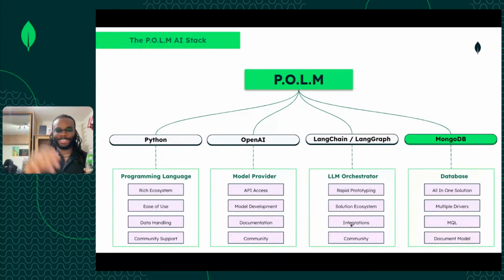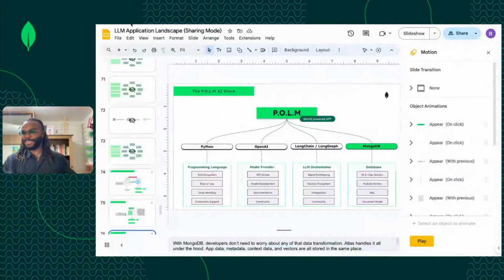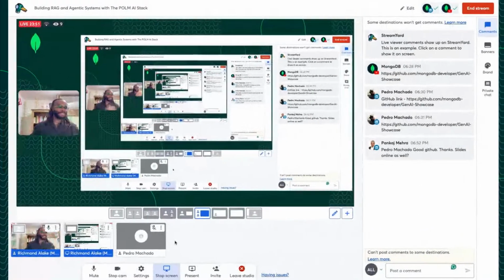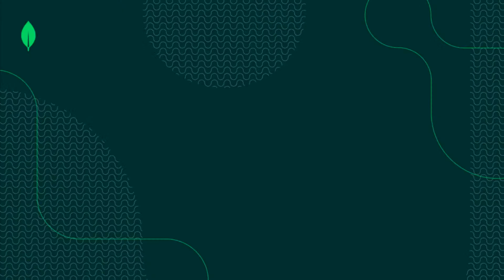operational data. I'm going to have to take a second. I seem to always choke on these live streams. And I'm back. I think that's the second time that's happened.